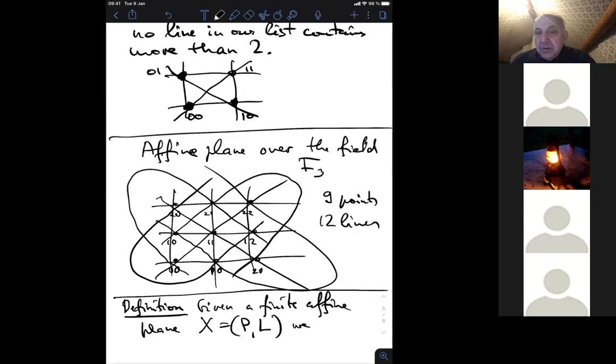Can I ask a short question? Sure, yes. Could a line go through (2,0), (1,0), and (2,1), for example?